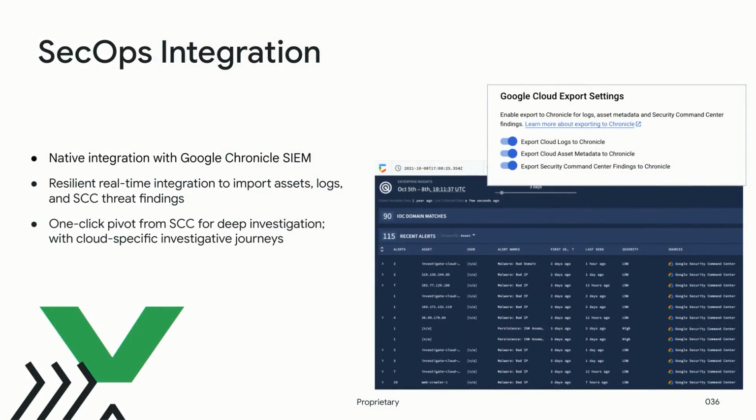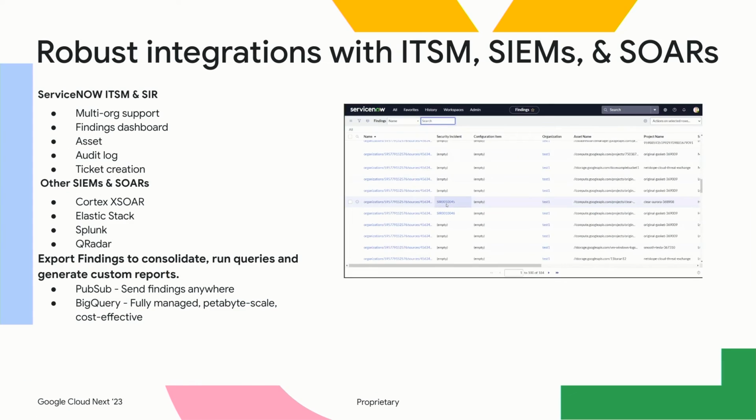Security Command Center offers seamless integration with our own Chronicle SIEM solution, and with this integration, you can easily pivot from findings details inside of Security Command Center into a curated alert view inside of Chronicle. From there, you can leverage additional data and workflows to investigate and remediate a threat detected by Security Command Center. In addition, Security Command Center includes many out-of-the-box integrations with leading ITSM, SIEM, and SOAR vendors.